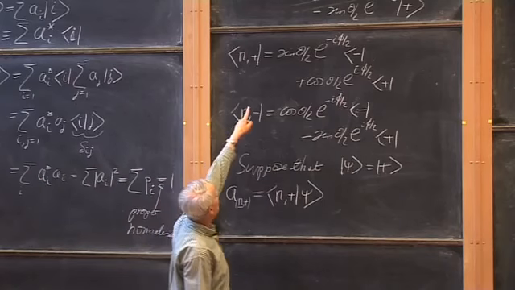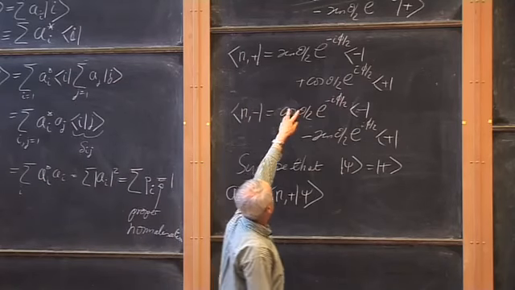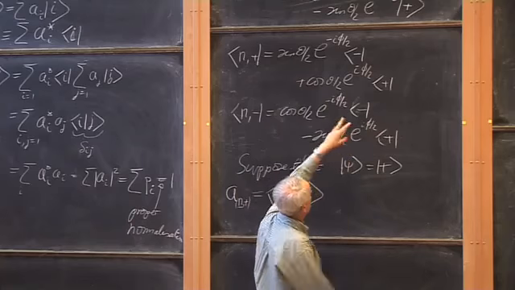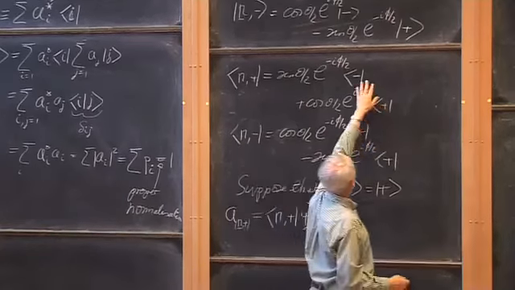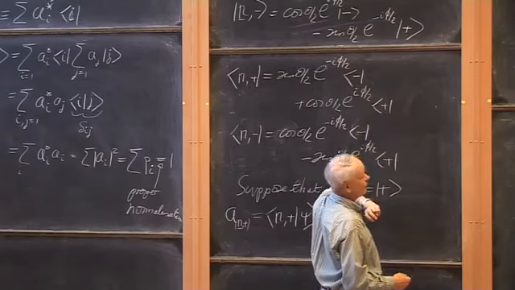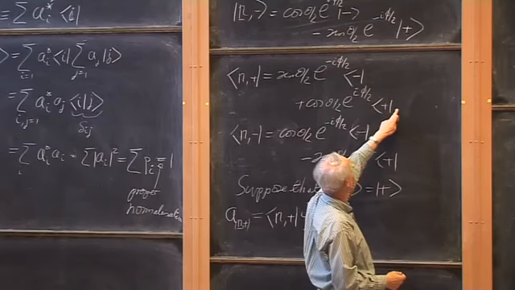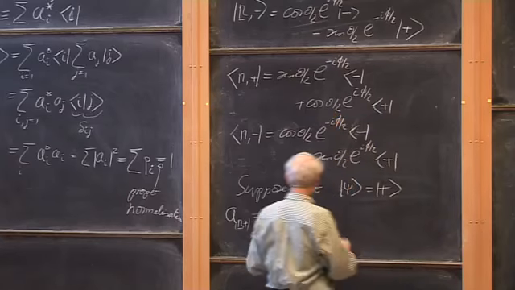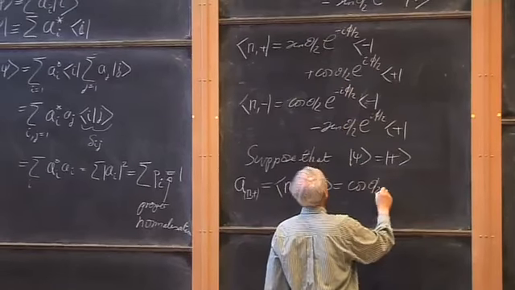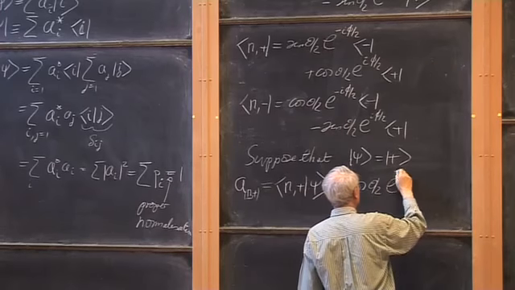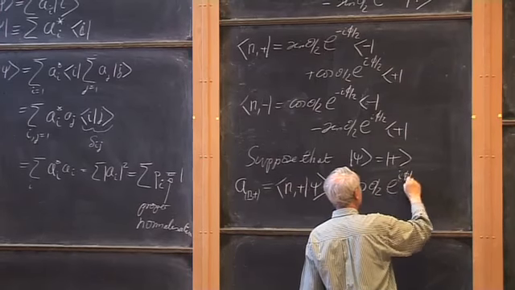So what I do is I take that n plus thing, this thing, and I bra it into plus. That will produce me a minus plus here, which vanishes, and a plus plus here, which is the number 1. So I simply extract this. So this turns out to be cos theta over 2 e to the i phi over 2.